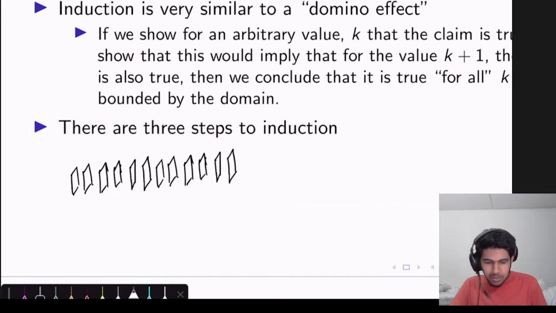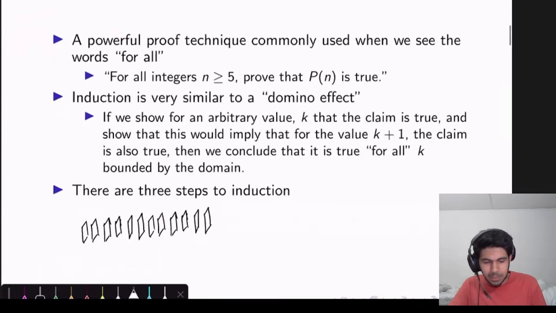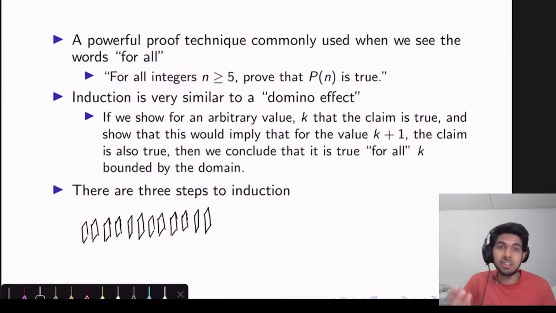The key thing is that we're trying to prove something for all. In the example given, for all integers, that seems like an extremely daunting task, right? If I ask you to prove something for the value of 2, perhaps that's quite easy. If I say prove it for all positive integers less than 10, you only have a couple of values to work with, 1 through 9, so you can just test those all out and that's fine.